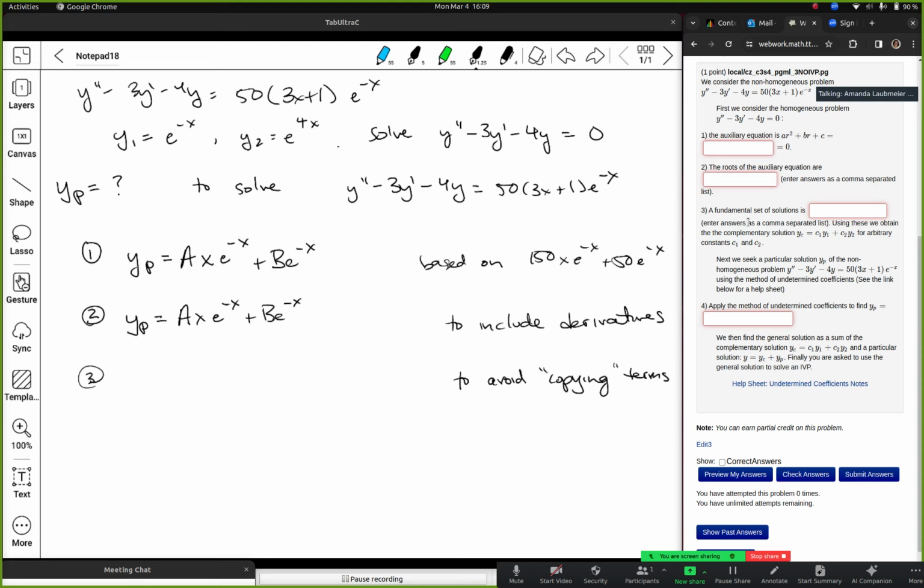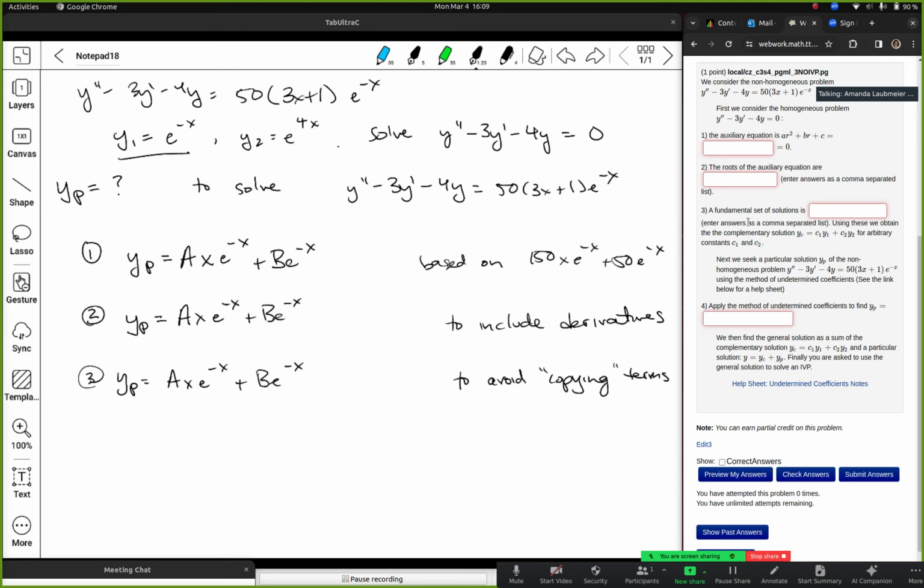And then the last thing we do when we're setting up y sub p is we check if we're copying any terms. And we check those first from the fundamental solution set and then also internally on y sub p. So that's what I've got so far, but I notice that my y1, e to minus x, copies my b term, e to minus x. And so our approach is always going to be to multiply by powers of x until we get a new term.